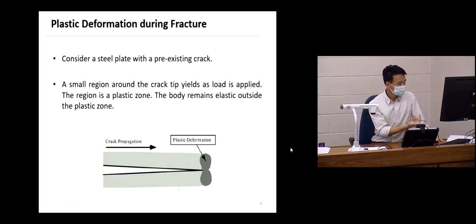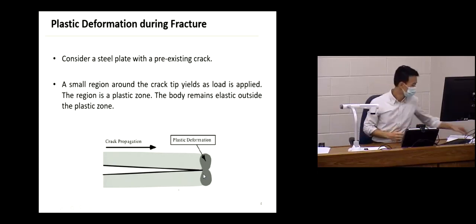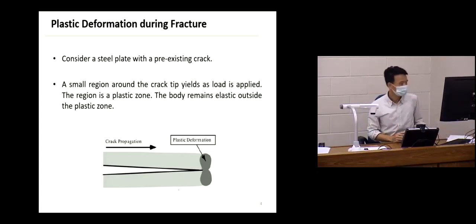This is a picture on a microscopic scale around the crack tip. At the crack tip, where you have very high stresses, you're going to develop a plastic yielding zone. It's a schematic picture only, and the shape of the plastic deformation zone is like a number 8.